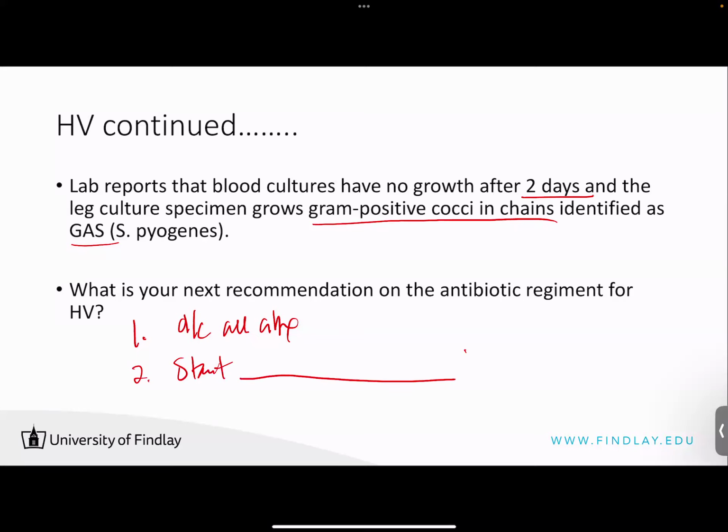Start group A strep pyogenes. What do you want to put them on? Penicillin. 4 to 5 million units IV Q4 hours. Done. Identify bug, kill bug, go home.